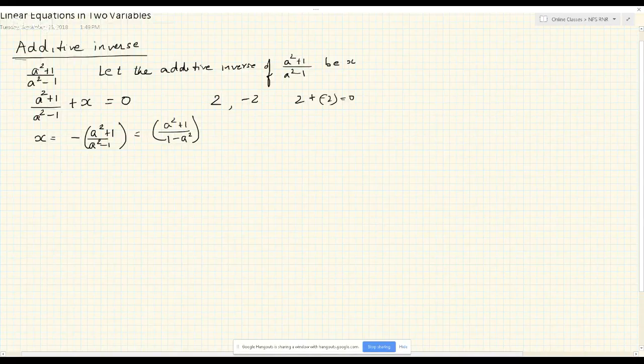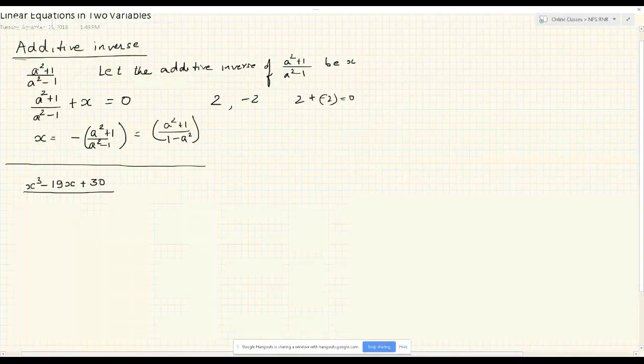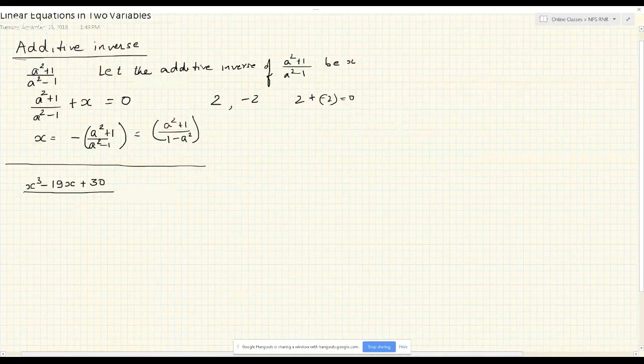So the question is how to factorize: x cube minus 19x plus 30, divided by x square minus 3x minus 40. So basically you have to factorize this.